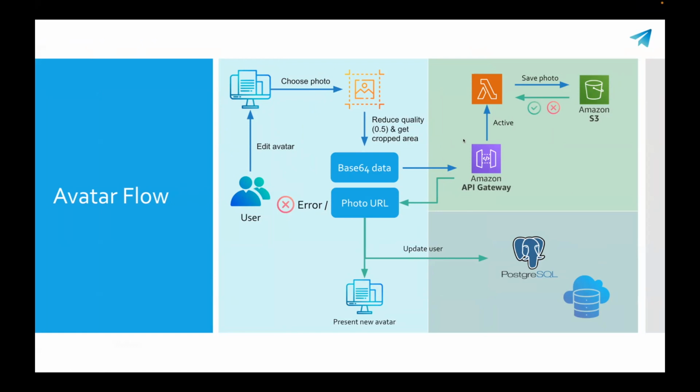And Amazon S3 will save it and send a success or failure back to the Lambda. And in the front end, we will get an error or a photo URL. If we get a URL, then we will temporarily save it in the front end storage so that we can see the newest avatar immediately.